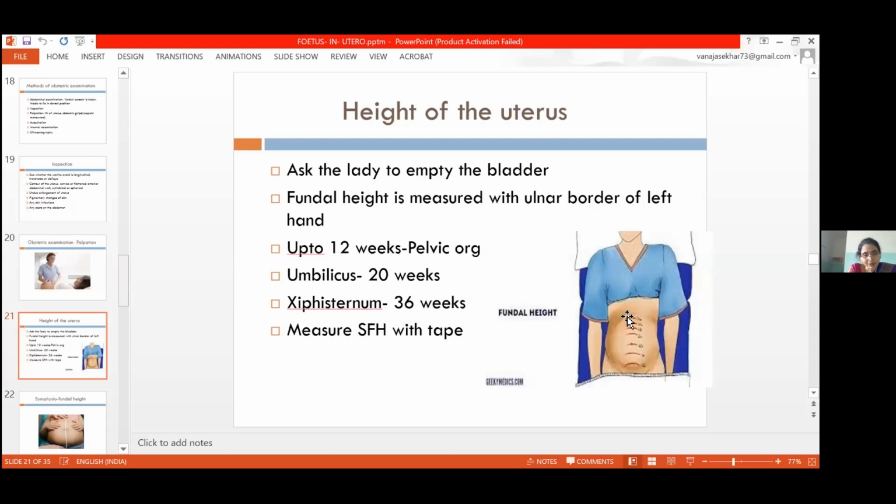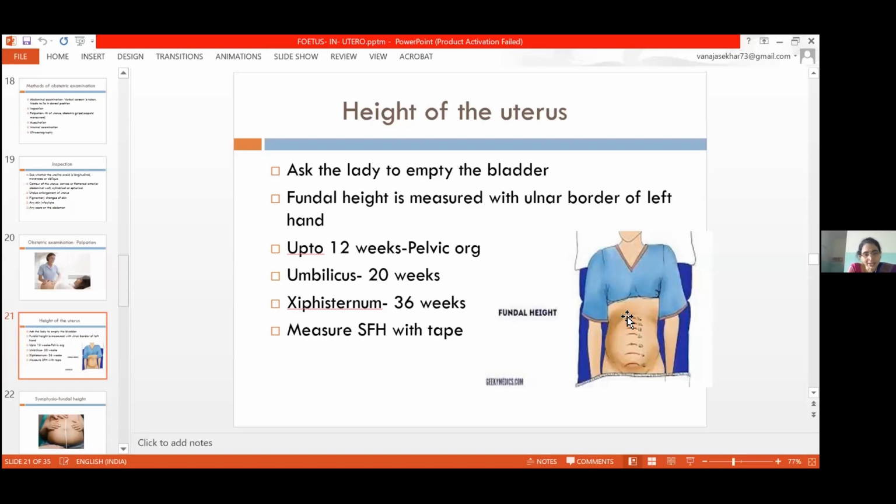Gestational age is calculated first, and by this you will have an idea of the gestational age. Then you have to palpate for the size of the head. In a 40-weeker, the size of the head is more and also it is hard. In a 32-weeker, the fetus has a smaller head and it is relatively soft when you compare it with the 40-weeker head.